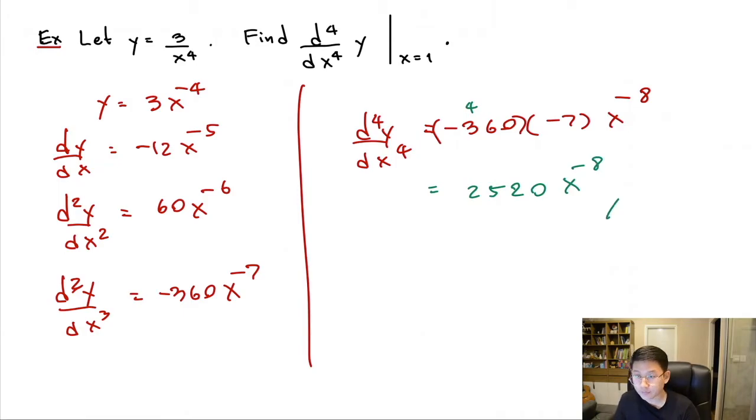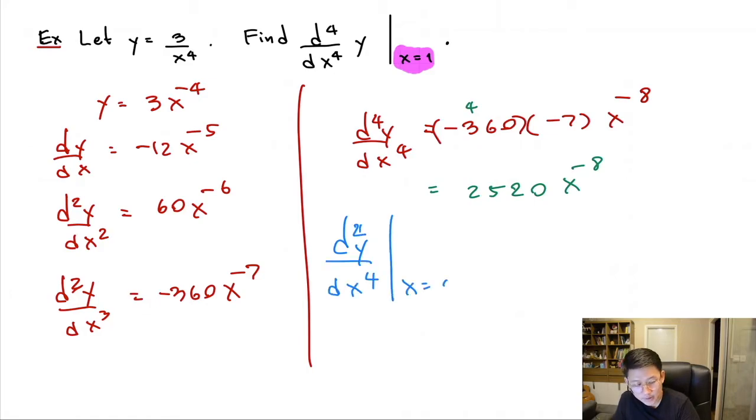And then it asks us to compute the derivative when x equals 1. When x equals 1, the fourth derivative of y is 2520 times 1 to the power of minus 8, which is 2520, because this is just 1, isn't it?